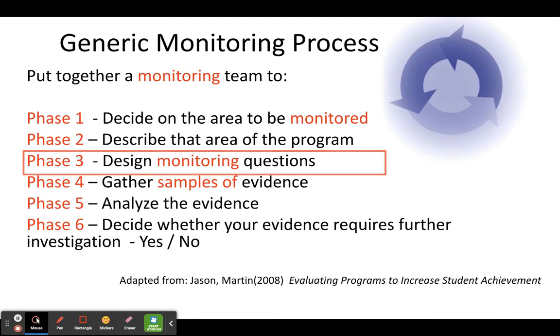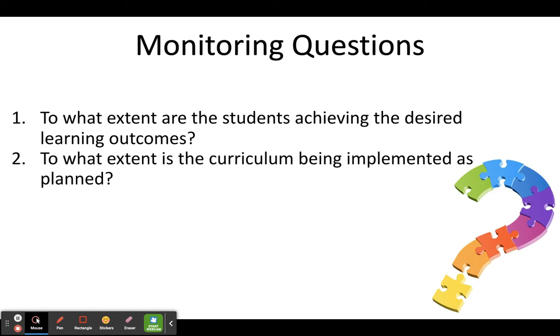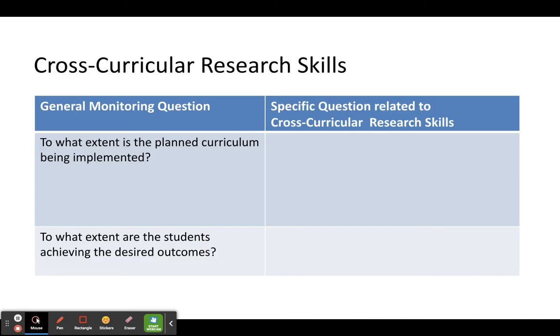So let's have a look at how we might design some monitoring questions for this process. So once again, remember, we only have 2 core questions that we're looking at in the monitoring process: student achievement and the extent of implementation. So how do we take that idea, the extent of implementation and the student achievement, and turn it into some specific questions that will relate to our monitoring of our cross-curricular research skills?